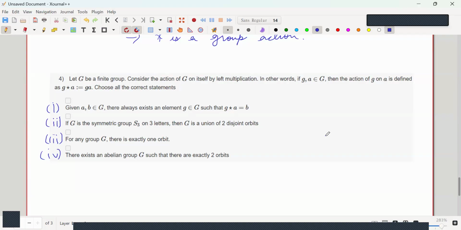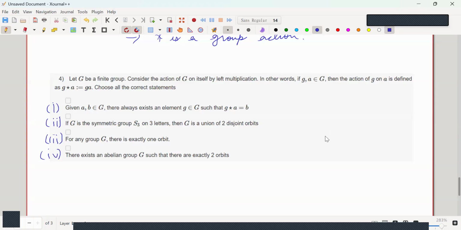Pick any element, you will get another element such that through this action, you can map that element to the element you started with. So there is a single orbit. All elements are interconnected. So is it true? Yes, sir.